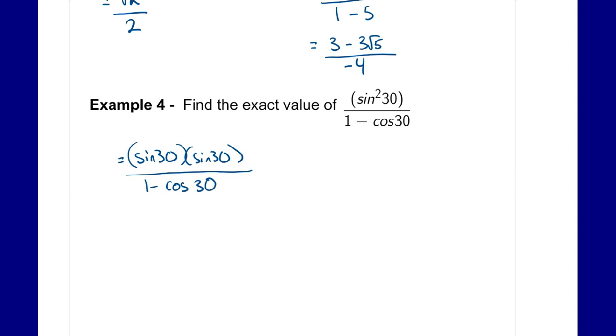I'm going to use the special triangles to replace these trig functions. So I'm going to have 1 over 2 times 1 over 2. And again, if it helps, we can draw a quick little triangle, our special triangles. So 45, 45, 1, 1, root 2.